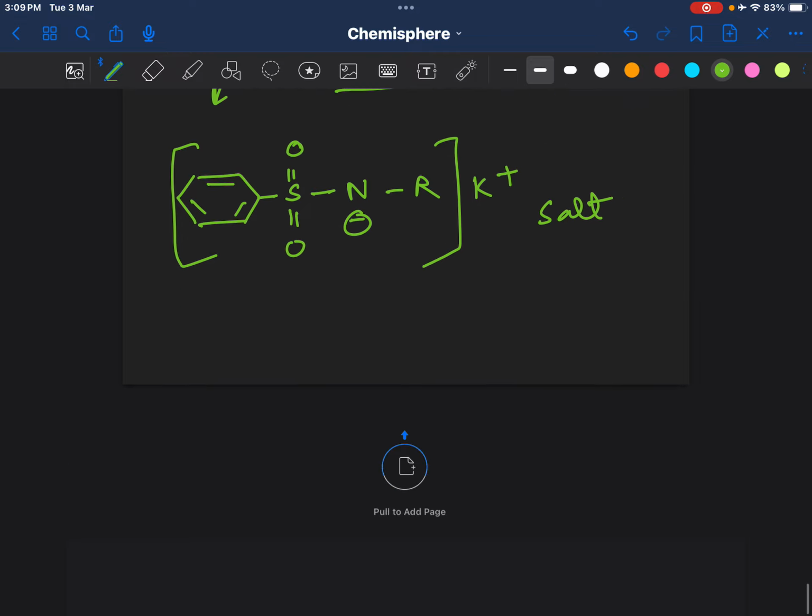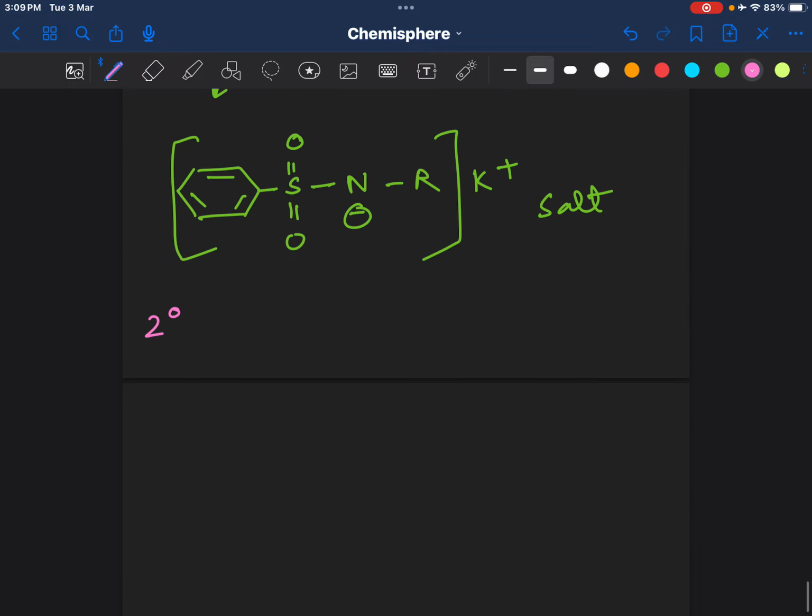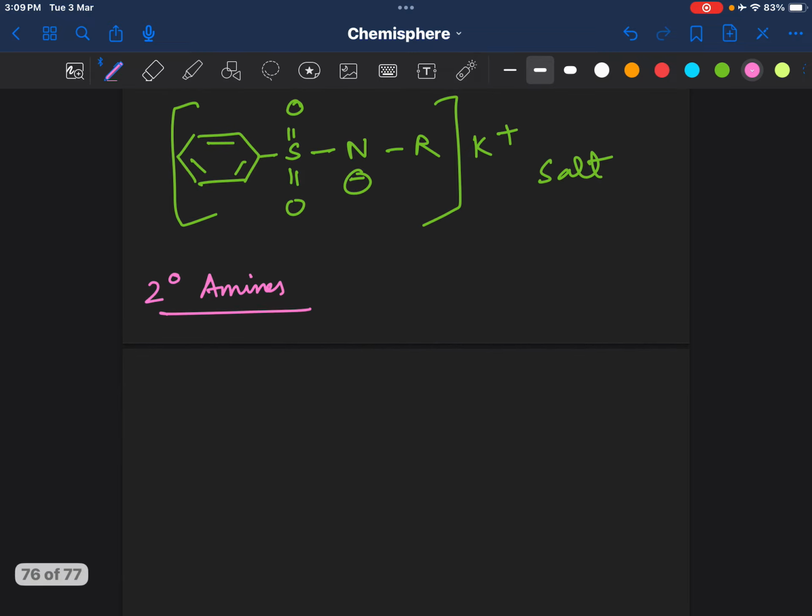Now coming to secondary, 2 degree amines. Secondary amines react with Hinsberg's reagent plus NHRR.